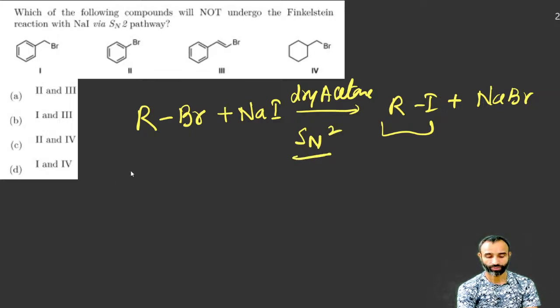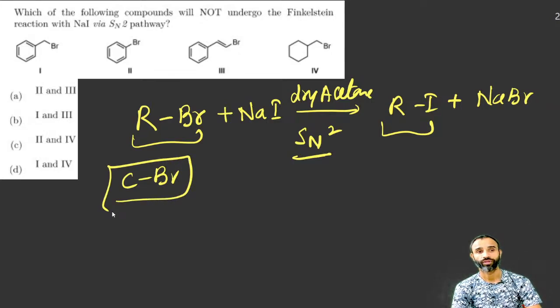So ultimately there should be a breaking of the C-Br bond, which is not possible in case of second due to double bond character.